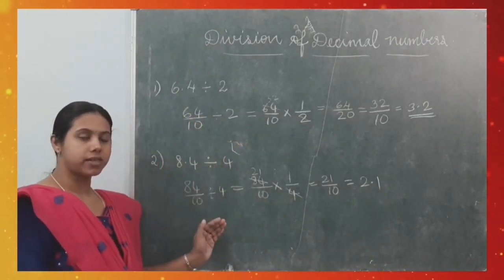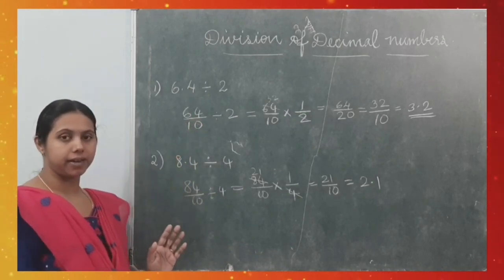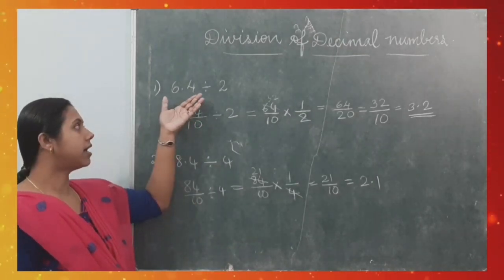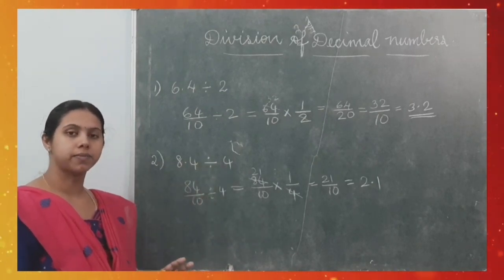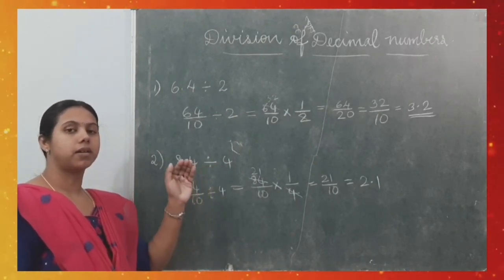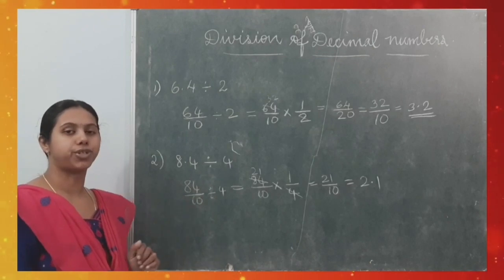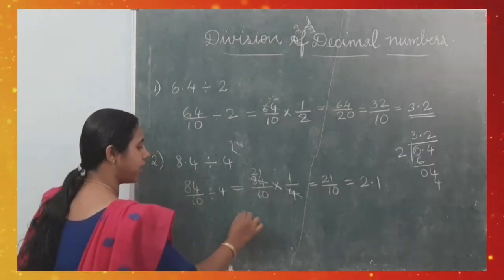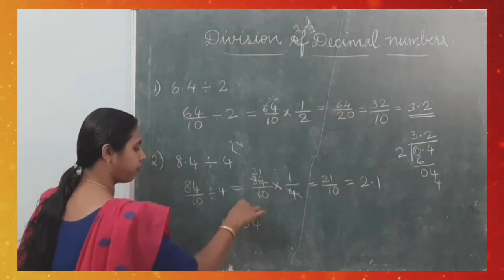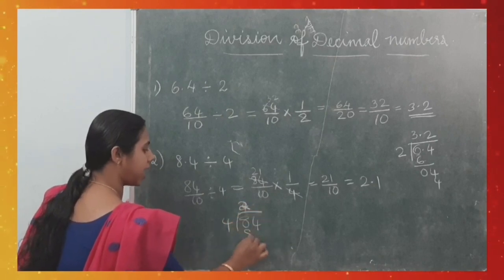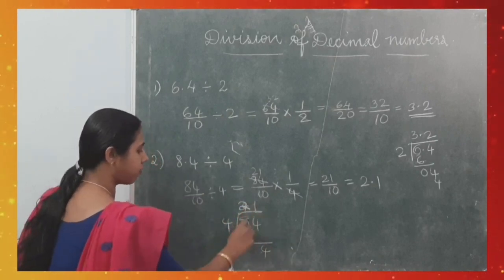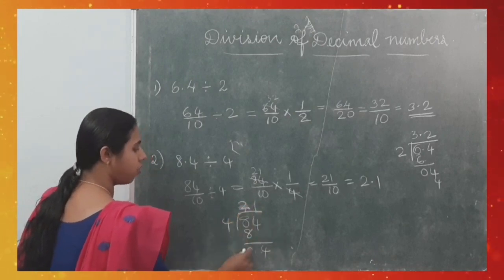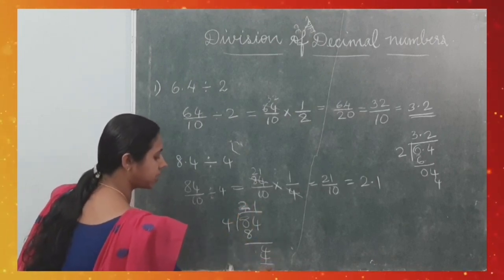Instead of doing this, you can divide directly. When you are dividing a decimal number by a whole number, divide them as whole numbers and put the decimal point in the quotient. 84 by 4, that is 2 4s are 8, remainder 0. Next number is 4. 1 4 is 4, remainder 0.